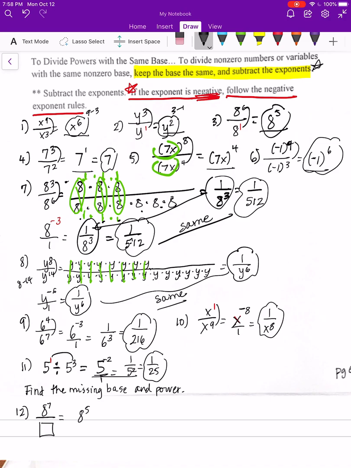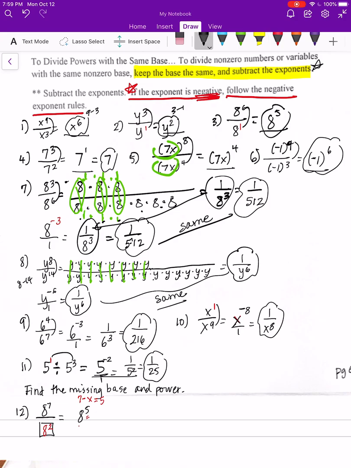You know your base is 8, so that means it's going to be 8 here. Now 7 minus what, I'm going to put in a variable because we don't know, equals 5. So 7 minus what equals 5? Hopefully you said 2. So in that box you would have 8 to the 2nd power.